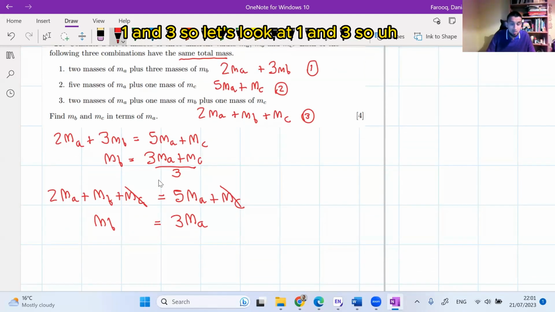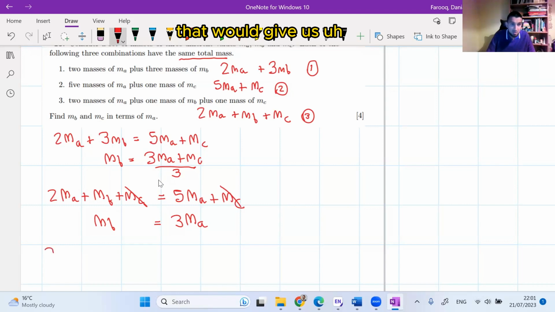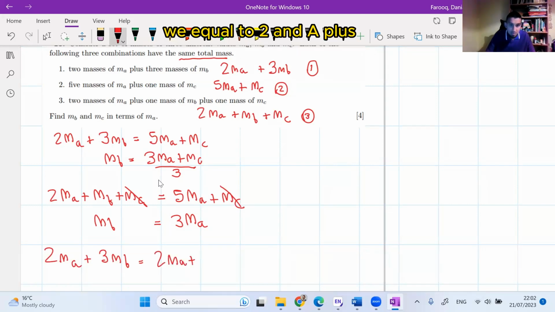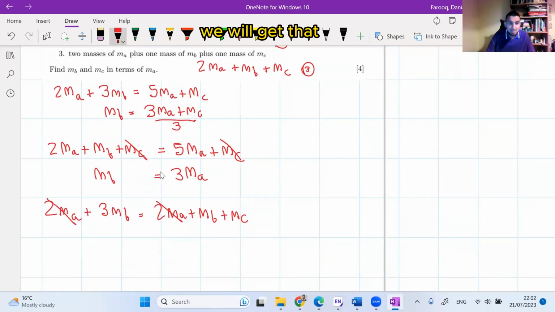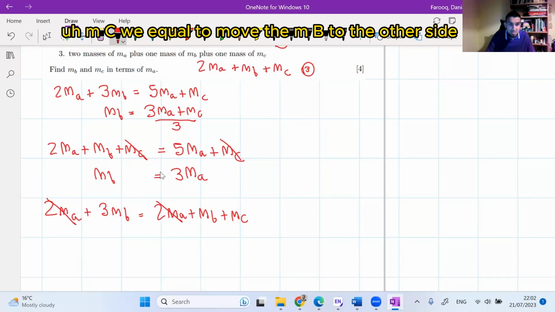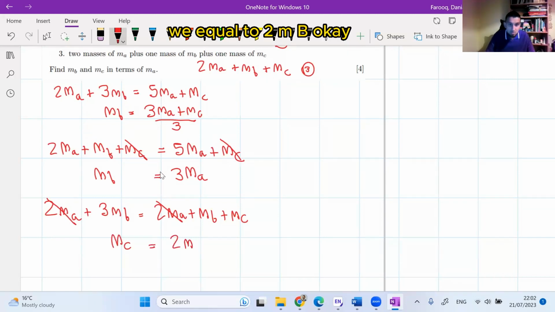So that would give us 2Ma plus 3Mb will equal to 2Ma plus Mb plus Mc. So those 2Mas will cancel out, and we will get that Mc will equal, to move the Mb to the other side, 2Mb.